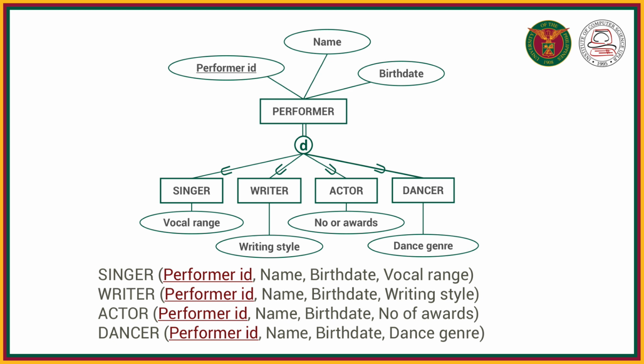Instead, we can declare a specific relation for each of the subclasses. So we have here singer, writer, actor, and dancer. Their primary key is similar to the primary key of the superclass, and all the attributes of our superclass are carried over. So we have performer ID, name, birth date, and then we just add whatever special attributes our subclass has.